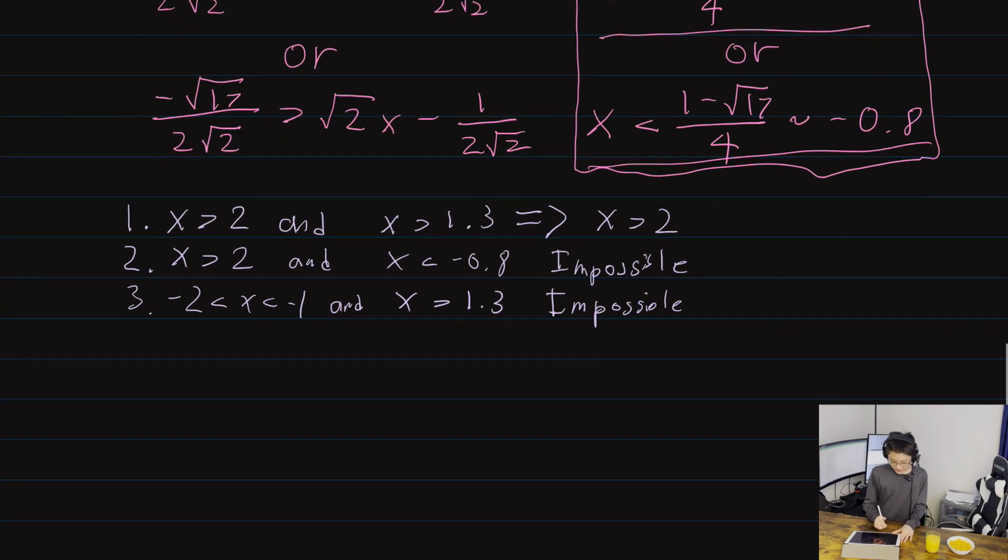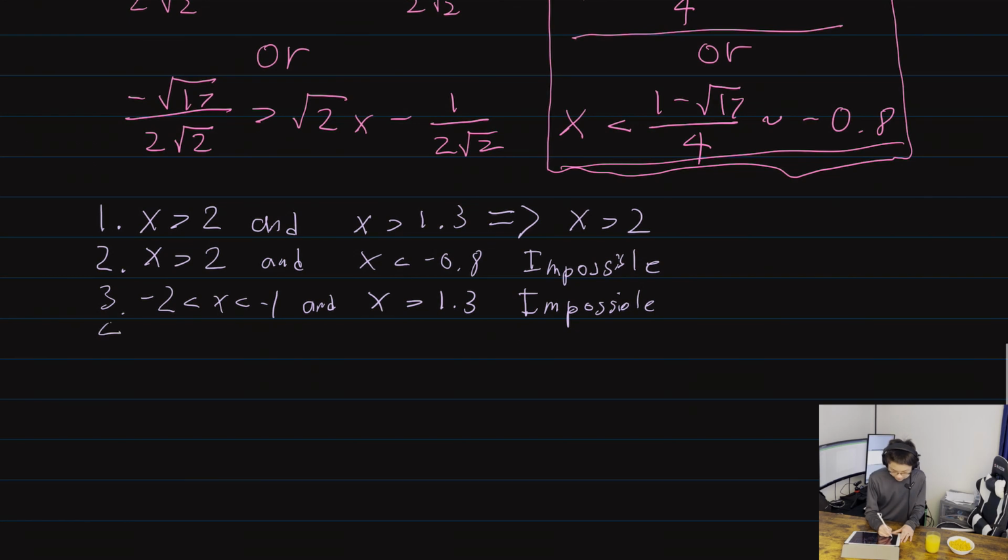Okay, so this is our last possibility. It is our red shirt and red hat. So our red shirt is negative 2 is less than x, and x is less than negative 1. And our red hat, which is x must be less than negative 0.8.